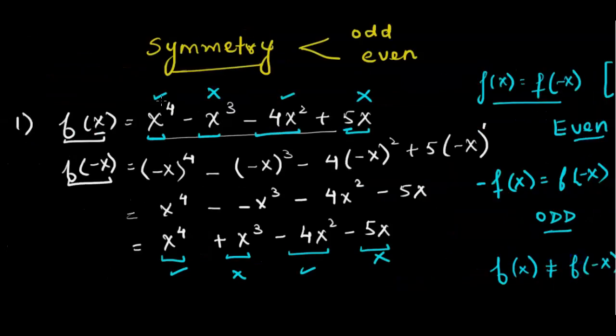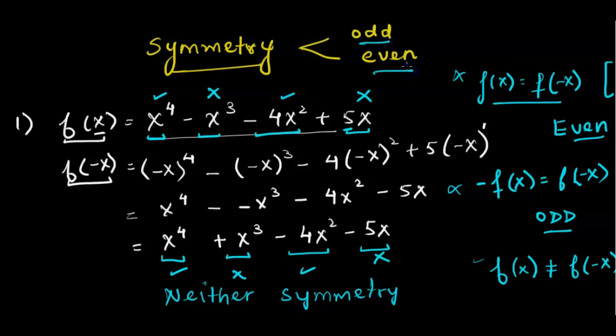Now in this case, two terms are matching, two terms are not matching. So we neither have this condition nor this condition. Therefore our final answer is that it's neither even nor odd symmetry. And this is how we conclude if the given function has odd or even symmetry.